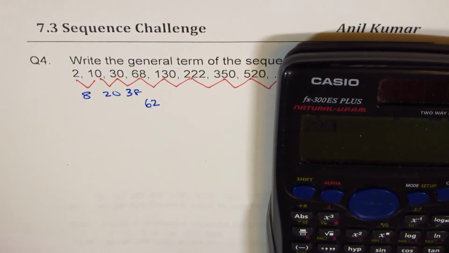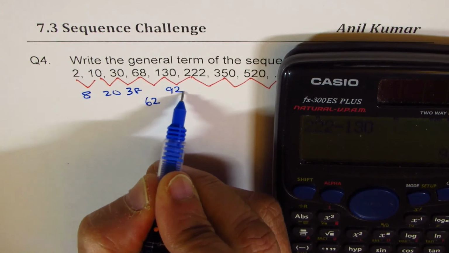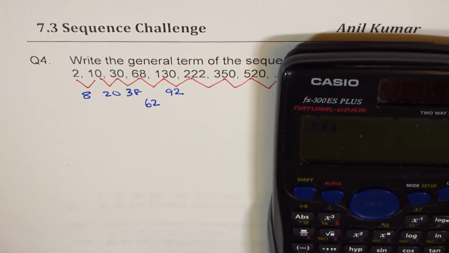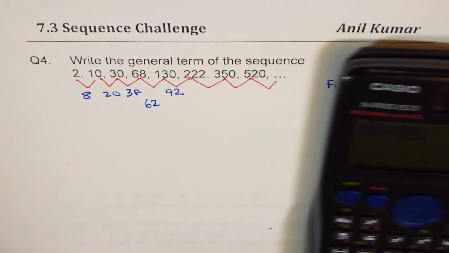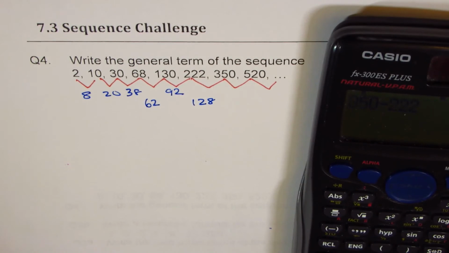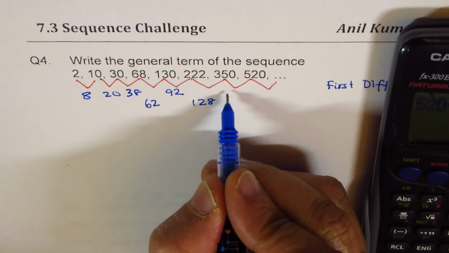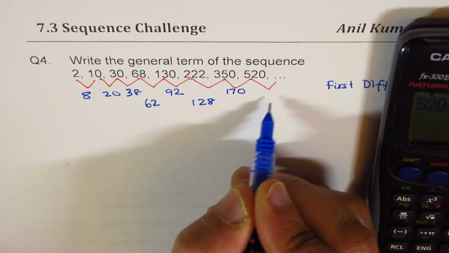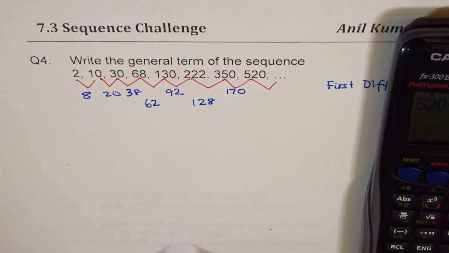Then 222 take away 130 is 92. And then 350 take away 222 is 128. And then we have 520 take away 350, which is 170. So likewise, the sequence goes on.